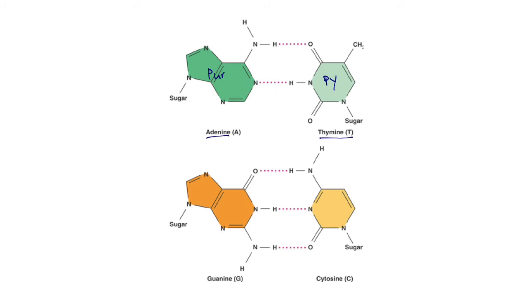So A and T pair together with 2 hydrogen bonds holding them together. And thymine, of course, would be in DNA. We might also have uracil if this were an RNA molecule. And then we've got our purine, guanine, and the pyrimidine, cytosine, which are held together by 3 hydrogen bonds.